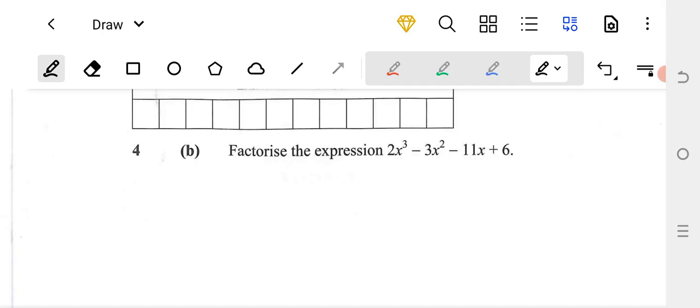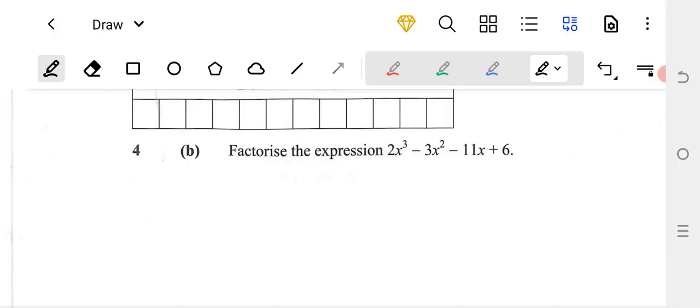Positive 2 is going to give you what? So 2 multiplied by 2 cubed minus 3 multiplied by 2 squared minus 11 multiplied by 2 plus 6 is going to give you a negative 12. Then 2 multiplied by negative 2 cubed, sorry, let me just type it again. I made a mistake when I was typing.